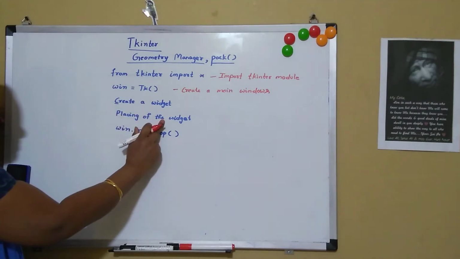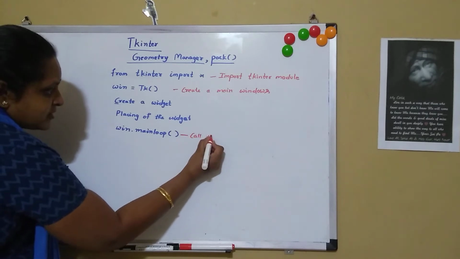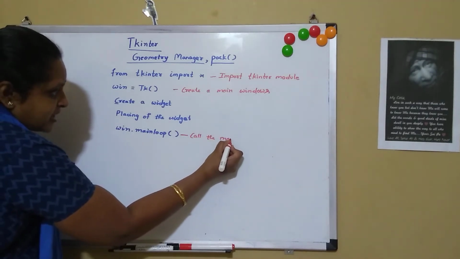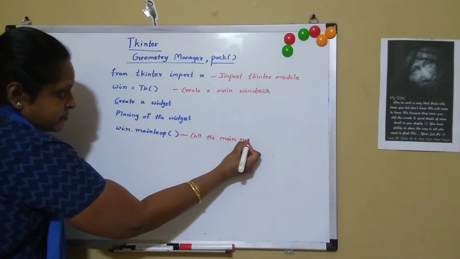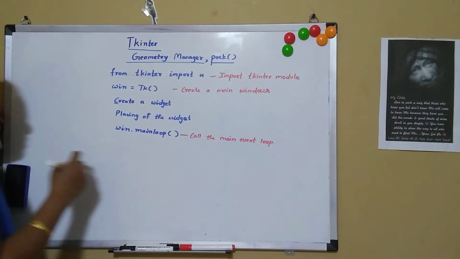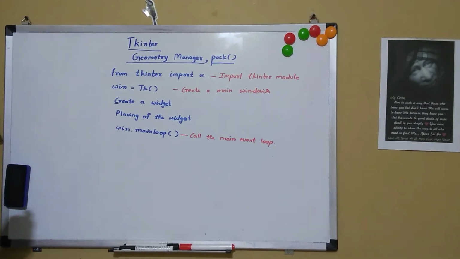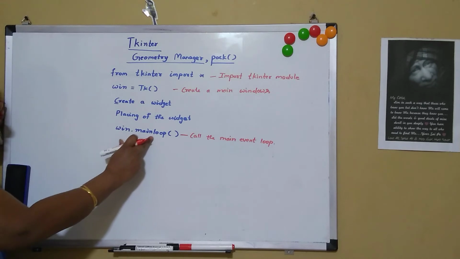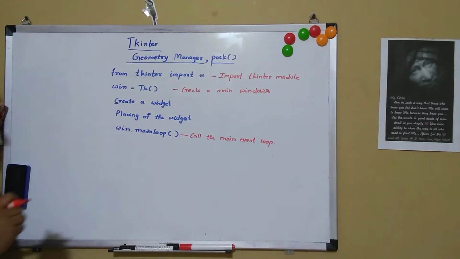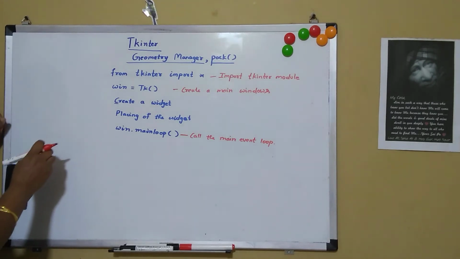Fourthly, we have to place the widget. And fifthly, we have to call the main event loop. This is an infinite loop which gets processed infinitely, and only when we close the application does the loop break. Otherwise it will be running continuously. So these are the 5 steps.